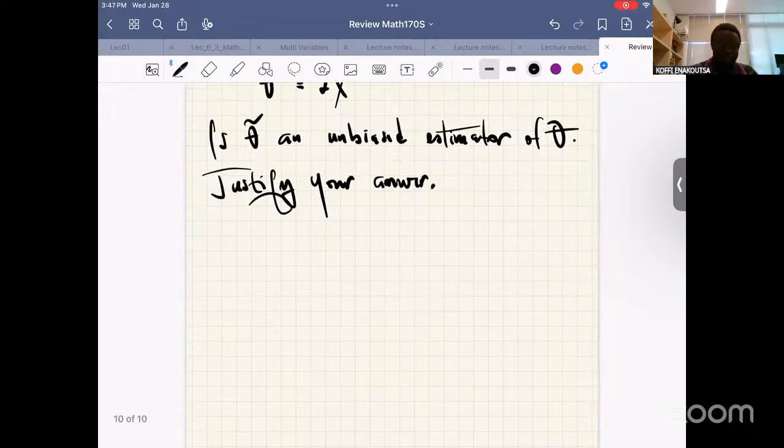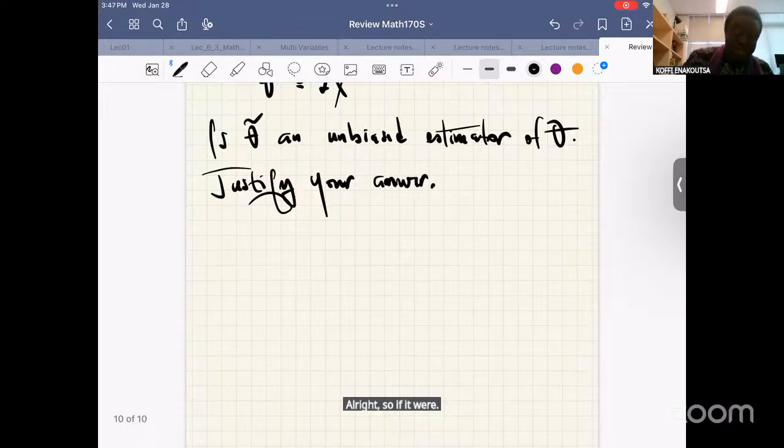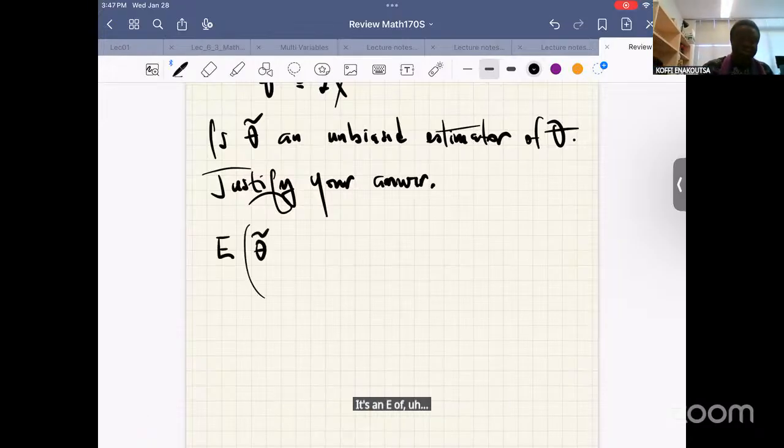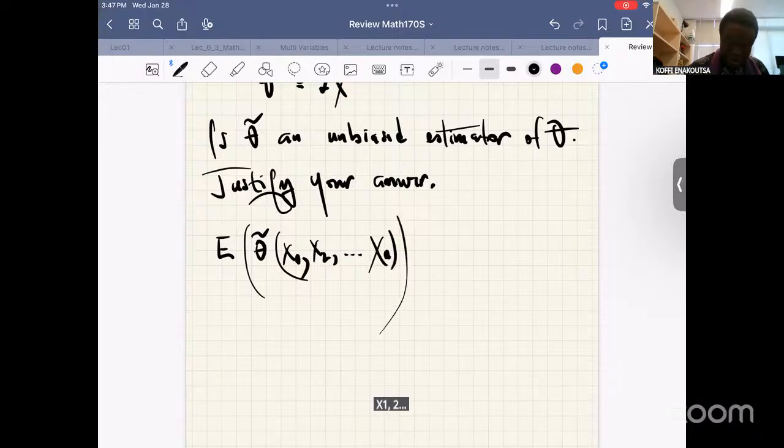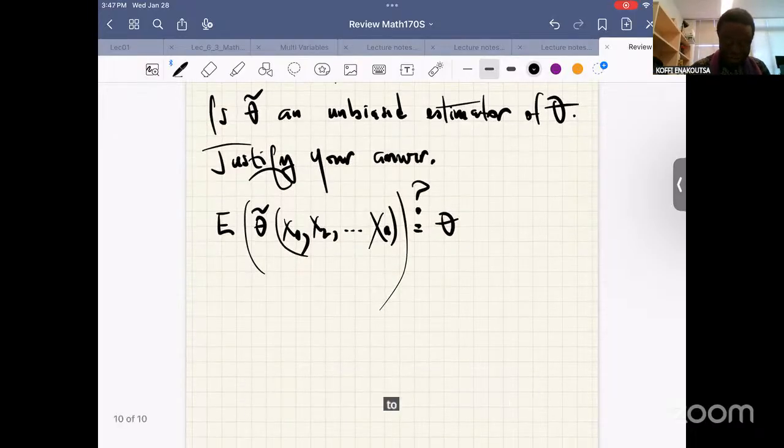All right, so if it were, then we learn how to do that. It's E of theta hat, which this time depends on the random variables x1, 2, up to n. So it should be equal to theta if that is the case. I'm putting a question mark over here to specify that I haven't checked yet.